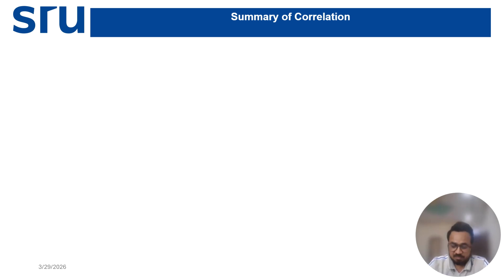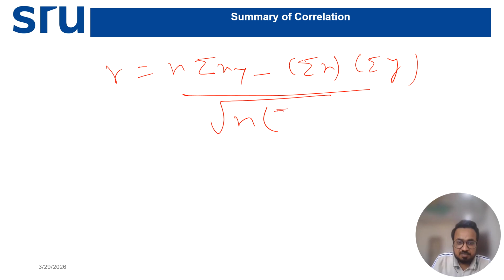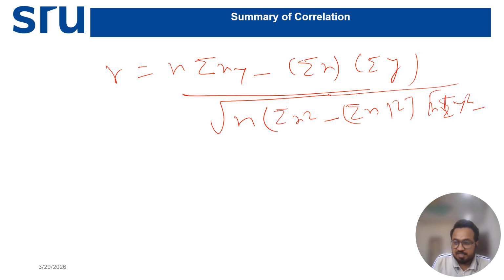There we discussed the Pearson correlation coefficient, which is given by this formula: r equal to n into summation of xy minus summation of x into summation of y, divided by square root of n into summation of x square minus summation of x whole square, into n into summation of y square minus summation of y whole square.